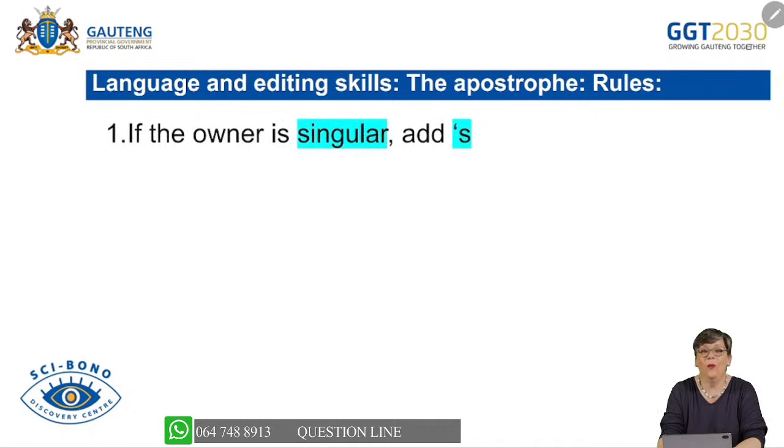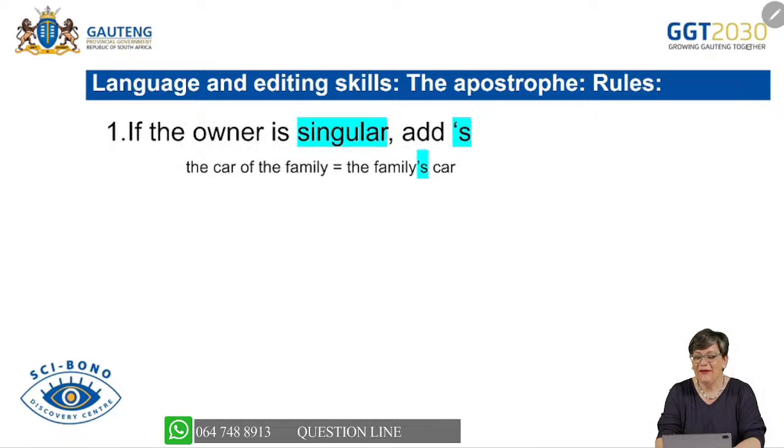Now, what are the rules and how can you remember them? Let's run through the rules quickly. If the owner is singular, then we add an apostrophe S. So if you want to say the Carver family, we'll say the family's car.